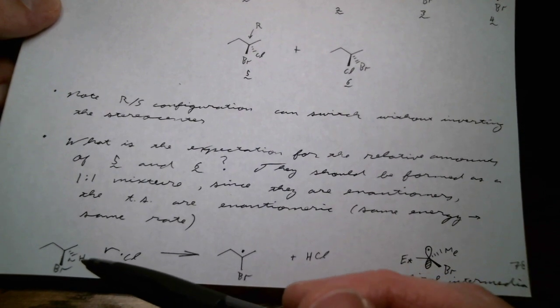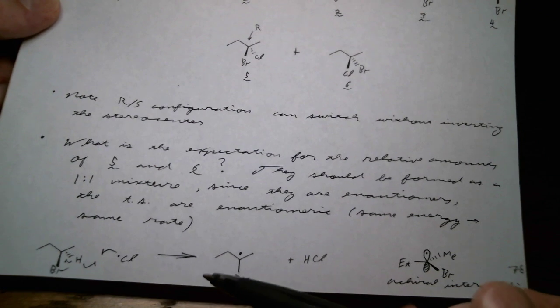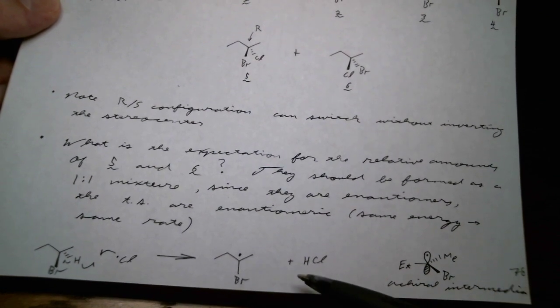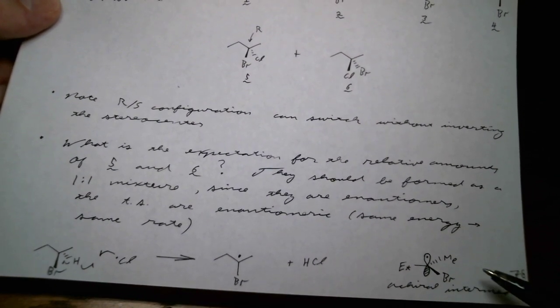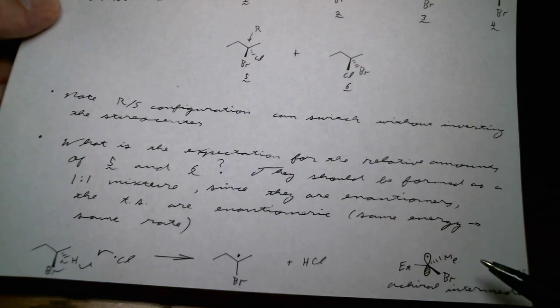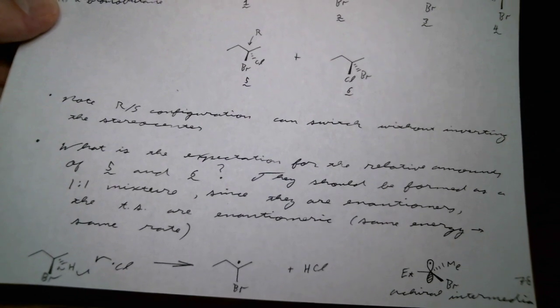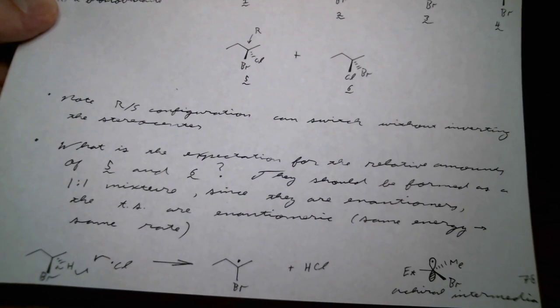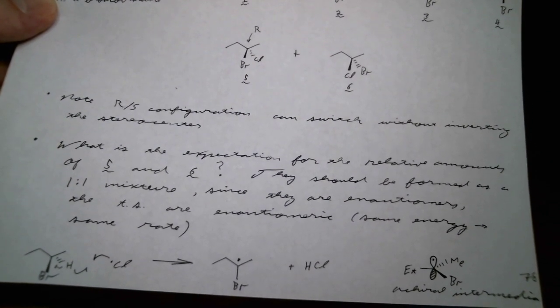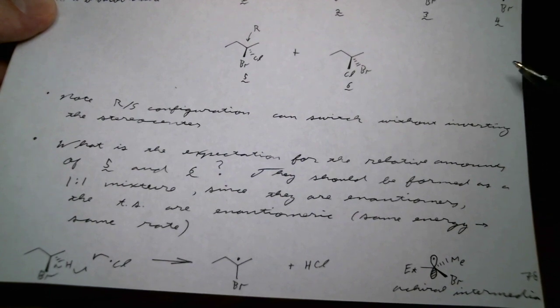We've abstracted the hydrogen on the carbon bonded to bromine, and this is an achiral intermediate, and our chlorine could come from the top or the bottom and give us 5 or 6. The topic of the next video will be the diastereomers 3 and 4.